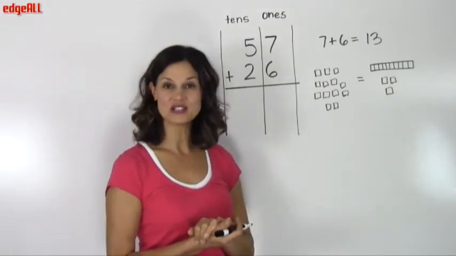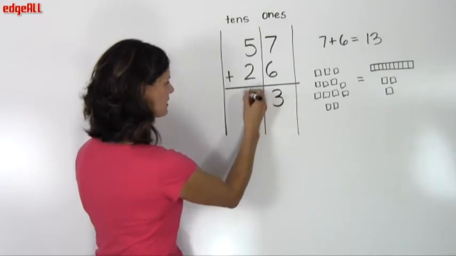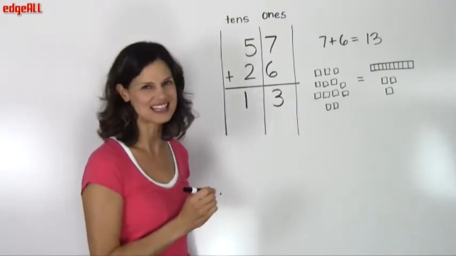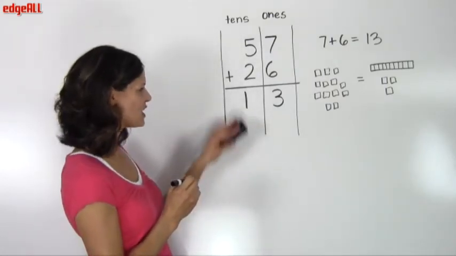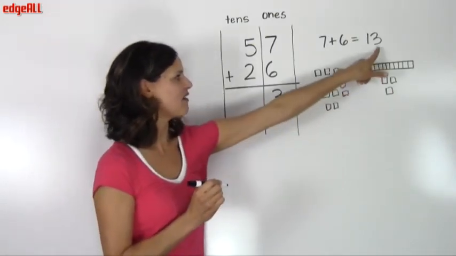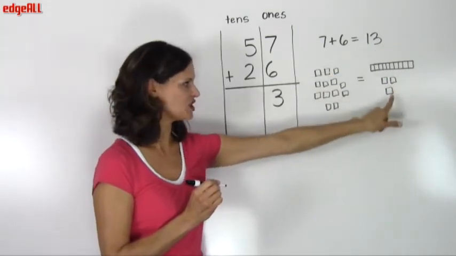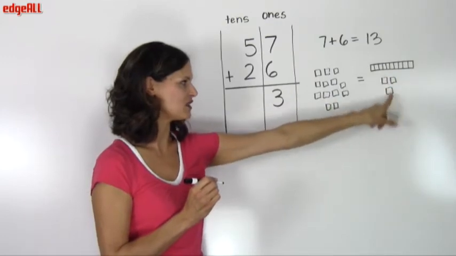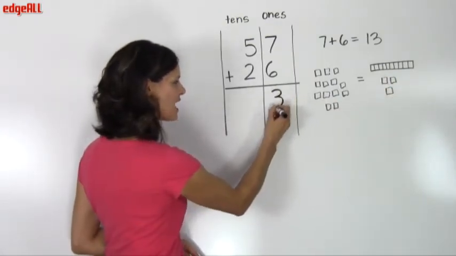Instead of writing a 13 here in the answer, we know that the answer to 57 plus 26 is not 13. It's way higher than 13. So we take the 3 of the answer, which is in our ones place, our 3 ones once we've regrouped, and we put the 3 here in the ones column of the answer.